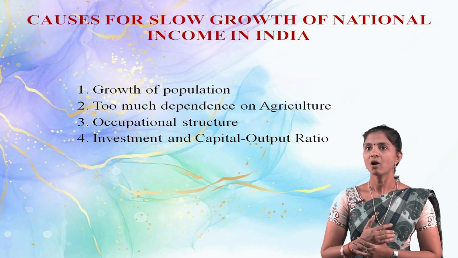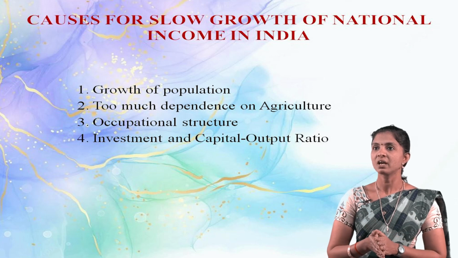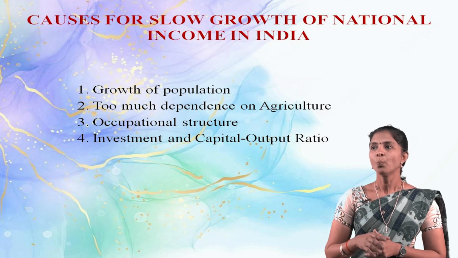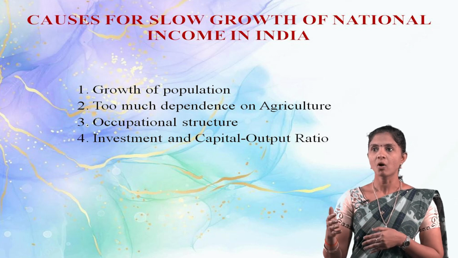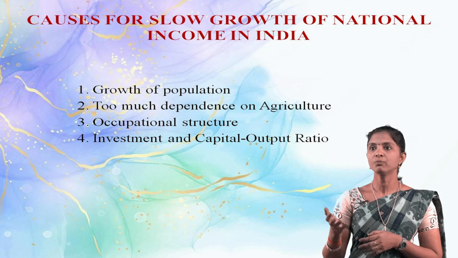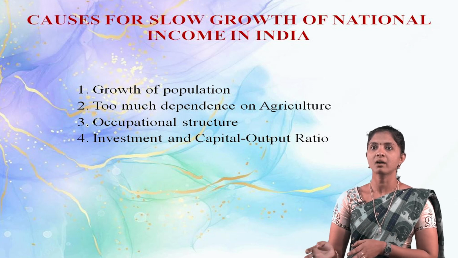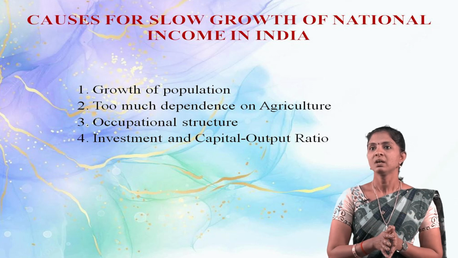Third one is the occupational structure. The occupational structure in India is also responsible for poor national output. The primary sector is supporting an unduly high proportion of the working force and the other sectors are absorbing a very poor percentage.